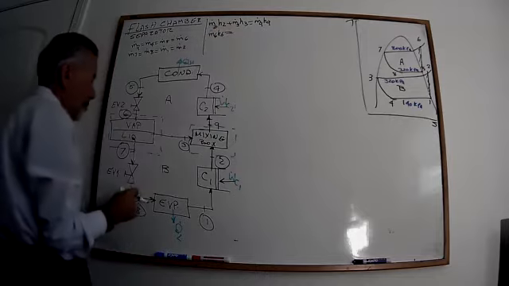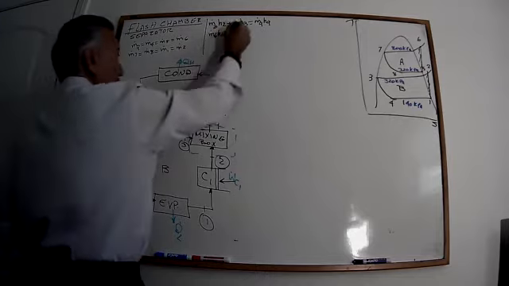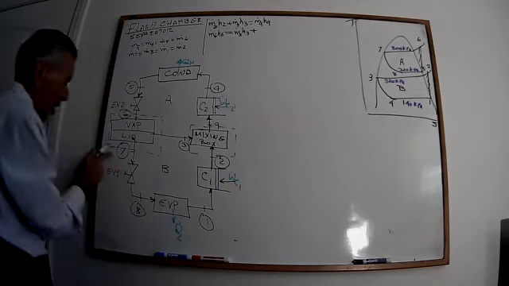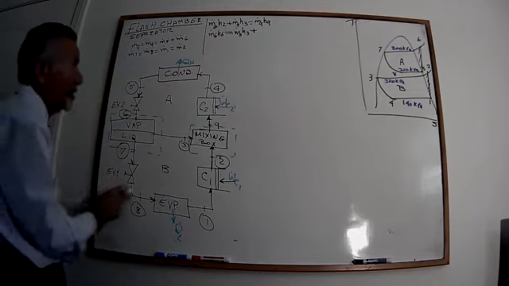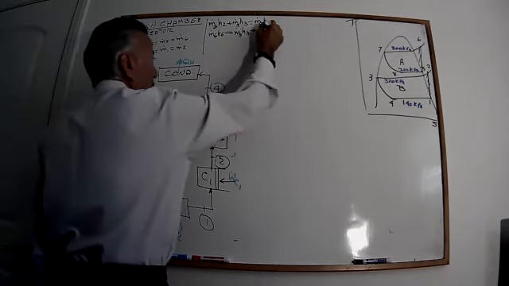That is equal to M3, H3 going that direction, plus M7, H7 going this direction. These are the energy balance equations for these two areas where we are mixing the refrigerant. This equation is very important. That's how we find the value of H9.